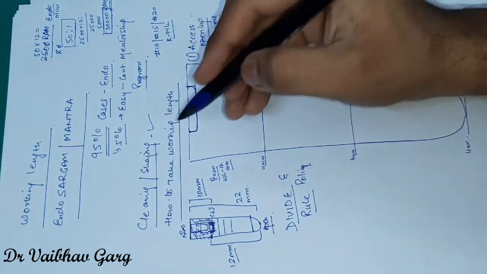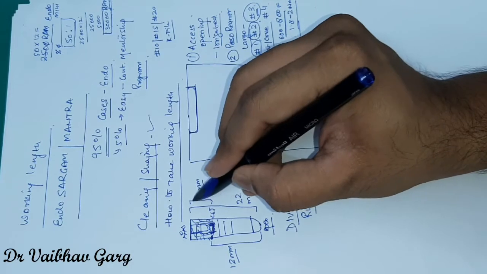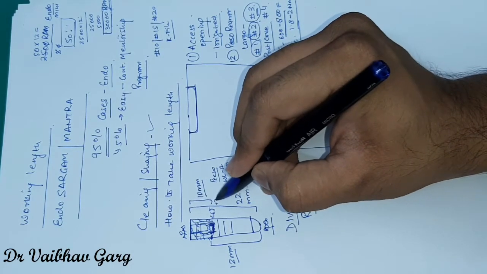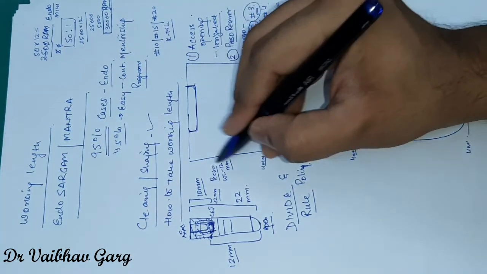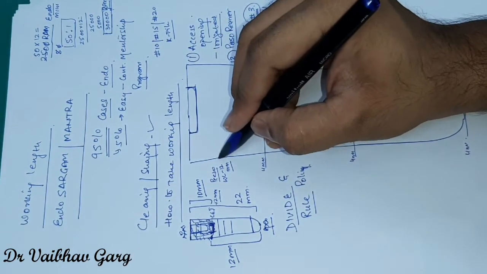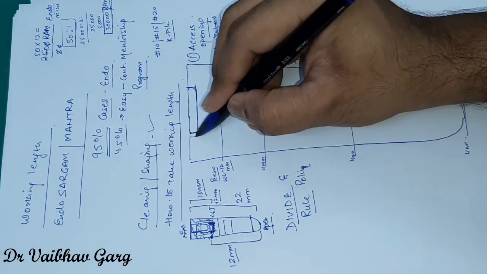That means from the incisal edge of the tooth, this has to be 12. So this 10 plus 2 mm we will add, and out of this 4, 2 mm has been covered or prepared with the piezo reamer.